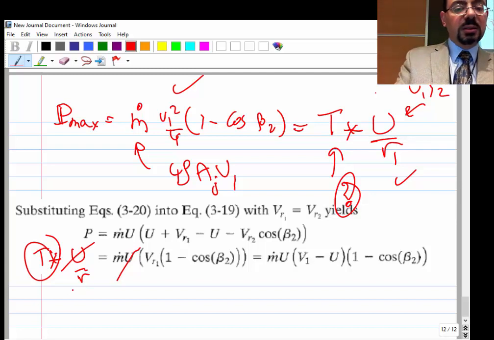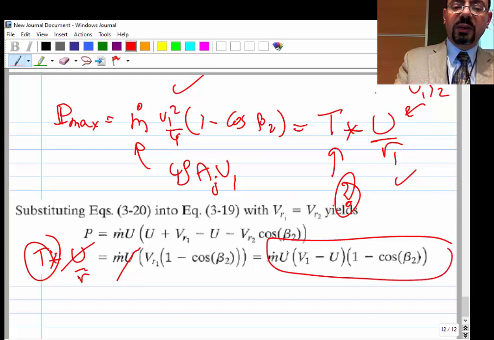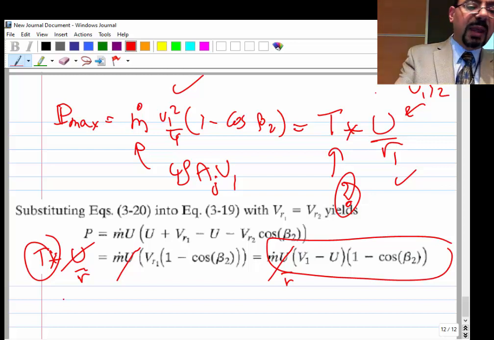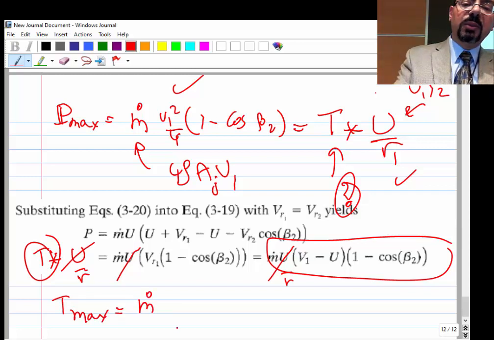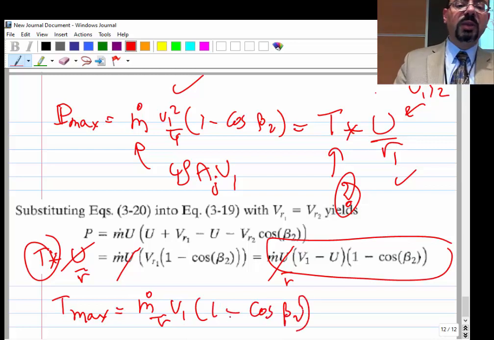So this is the equation for the torque for any velocity after you cancel that U and you divide over R. So now if you want the maximum torque, Tmax, you will just have to set U equal 0. So it will be m dot, and you got yourself V1 divided by R1 minus cosine beta 2. That is the maximum torque.